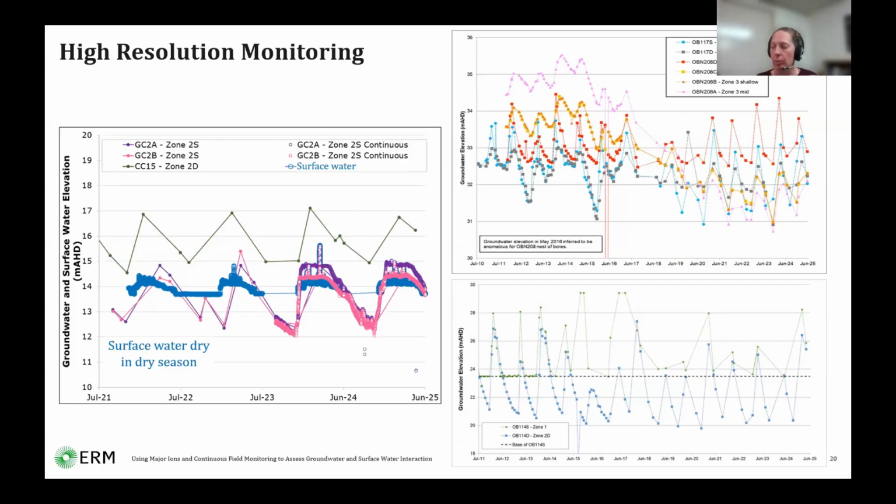And it was much clearer based on the early time, more regular monitoring, that this was the case, and it was more difficult if you had only been collecting the data at the frequency from post 2017 or so, and you might not necessarily have understood that bore was becoming dry, and the period of time during which that bore was dry.